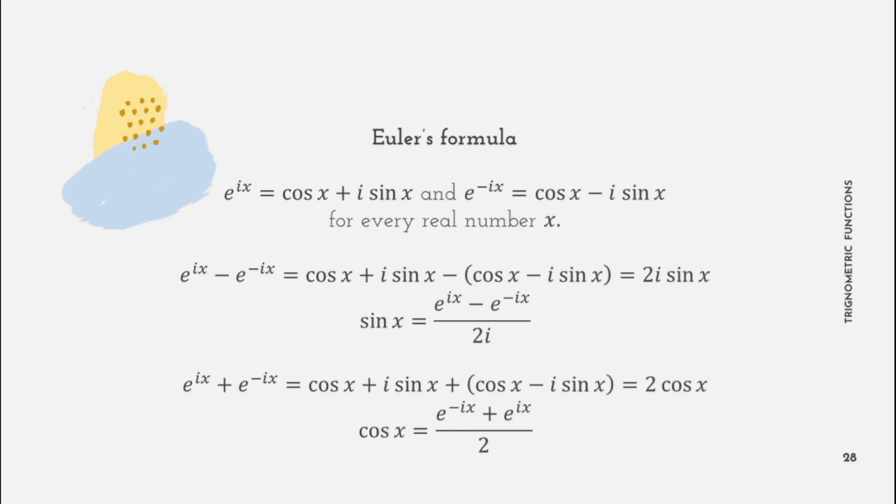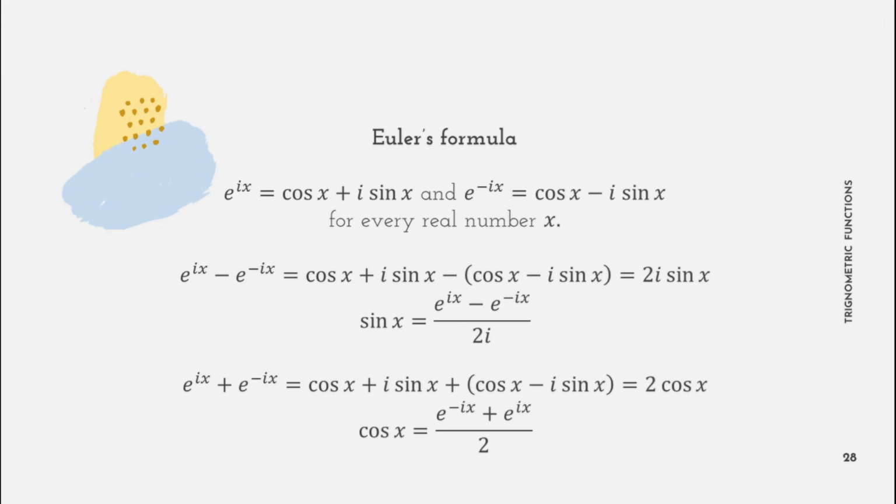So we have exponential ix minus exponential minus ix is equal to cosine x plus i sin x minus cosine x plus i sin x. Then, exponential ix minus exponential minus ix is equal to 2i sin x, or sin x is equal to exponential ix minus exponential minus ix over 2i.